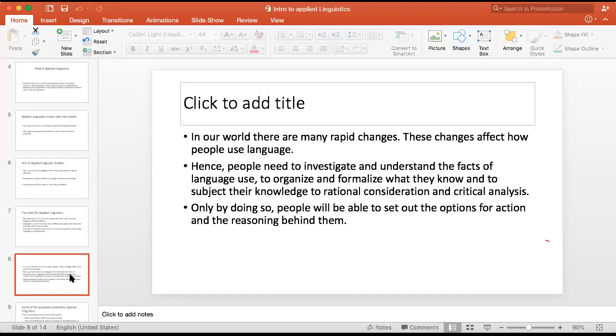We need to organize and formalize what we know, and what the rationale is, and how we can critically analyze the linguistic situation around the world. So we will be able to set out the options for action, and we will be able to reason it. We will be able to solve the problems through applied linguistics. Okay.